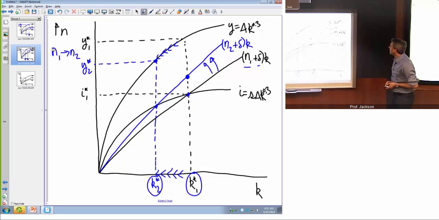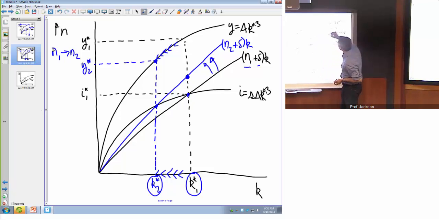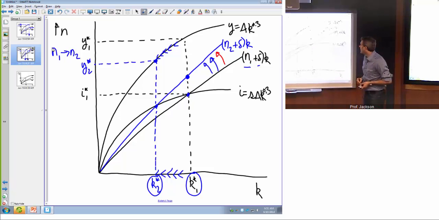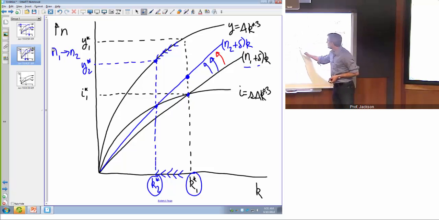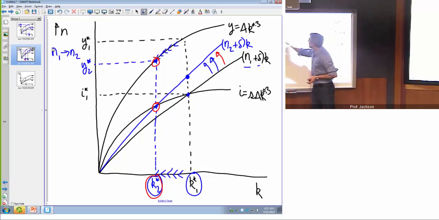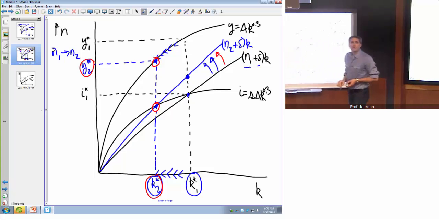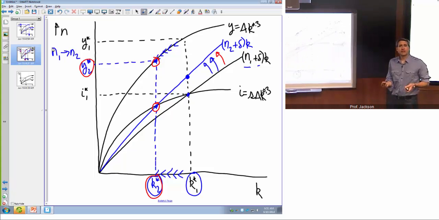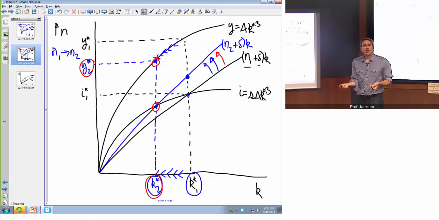To summarize, the population growth rate increasing steepens the depreciation and capital dilution line, which gives us a new lower steady state level of capital, as well as a lower steady state level of output per person. So the punchline is that higher population growth reduces our standard of living, or our amount of output per worker.